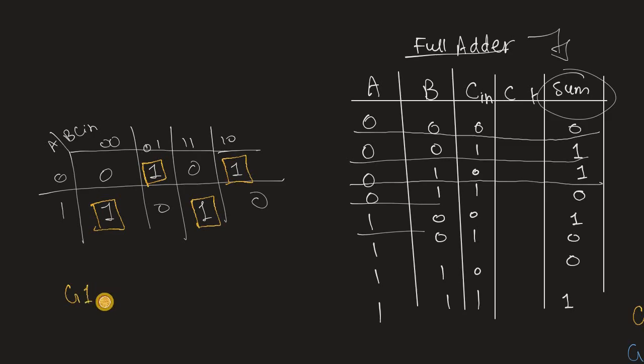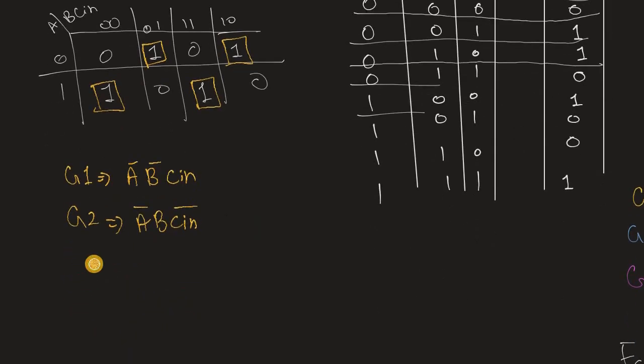So we have group 1 over here. For group 1, the function would be a naught, b naught, and c in, since we have a as 0, b as 0, and c as 1. For the second group, we have a naught, b, and c in naught. For the third group, we have a as it is, and then b naught and c naught.